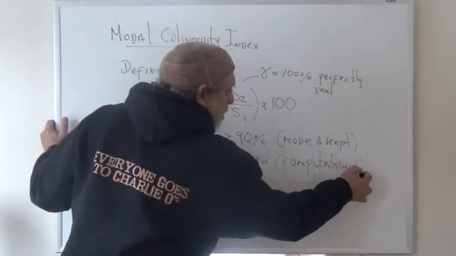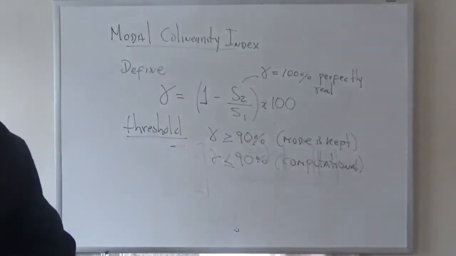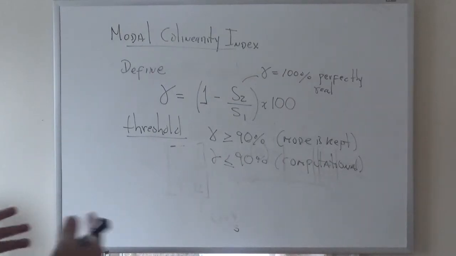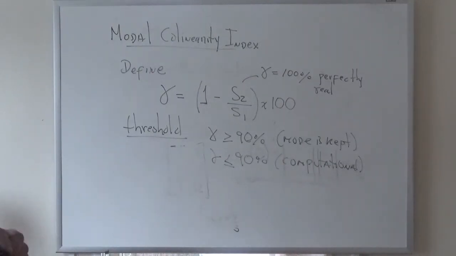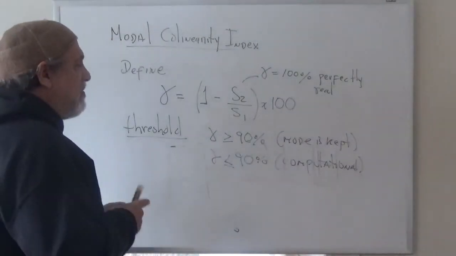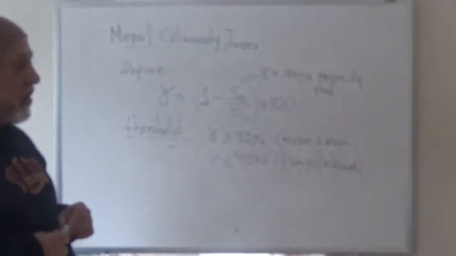But for this less than 90%, we might say computational. Now, depending on the application, depending on the level of noise, depending on things like that, it might be appropriate to up that to 95 or to lower it to 85 or 80, depending, right? For that, you need experience to be able to make those decisions. But let's say before you achieve that, 90% is a useful threshold.